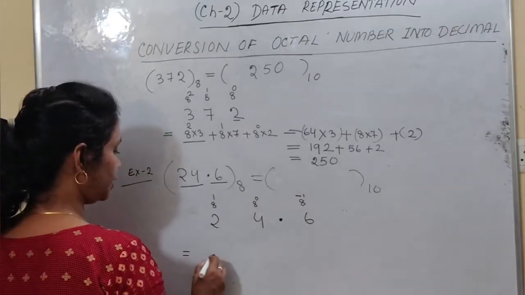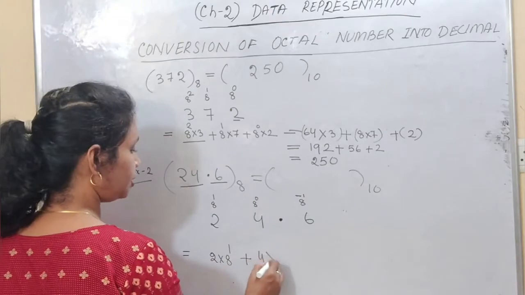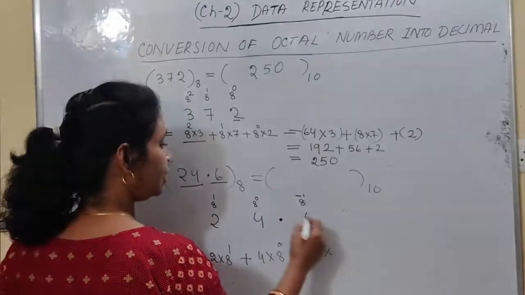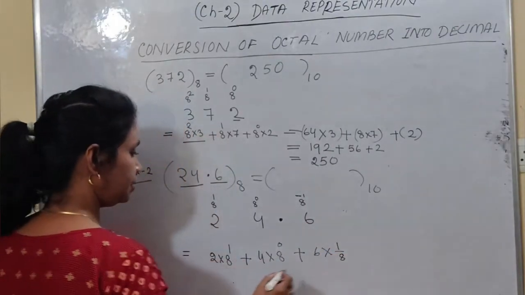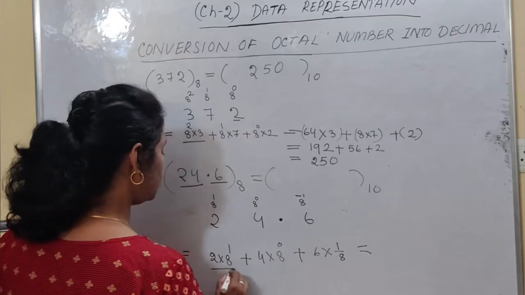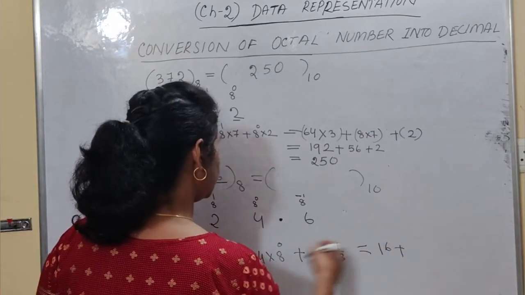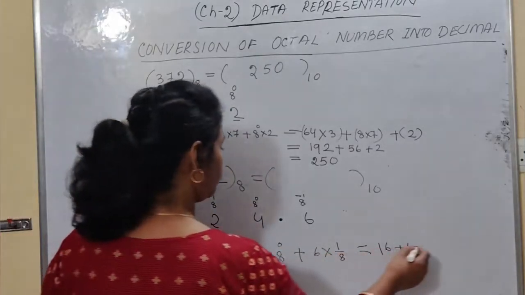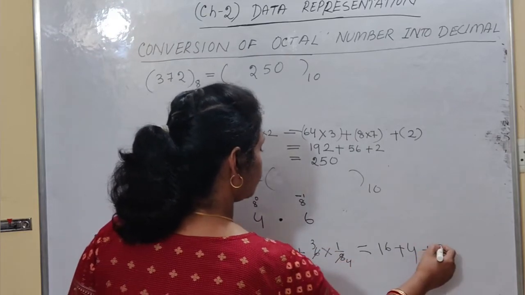Now you have to multiply, that is 2 multiply 8 to the power 1 plus 4 multiply 8 to the power 0 plus 6 multiply 8 to the power minus 1, that you can write 1 by 8. After that you have to solve this. So 2 multiply 8 to the power 1, that is 16, plus 4, because 8 to the power 0 is 1, 1 multiply 4, that is 4, plus 6 by 8, that is 3 by 4.